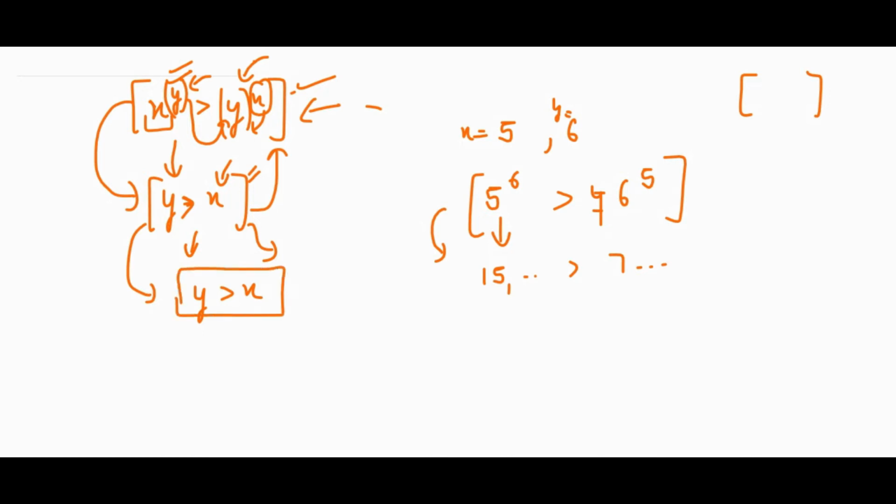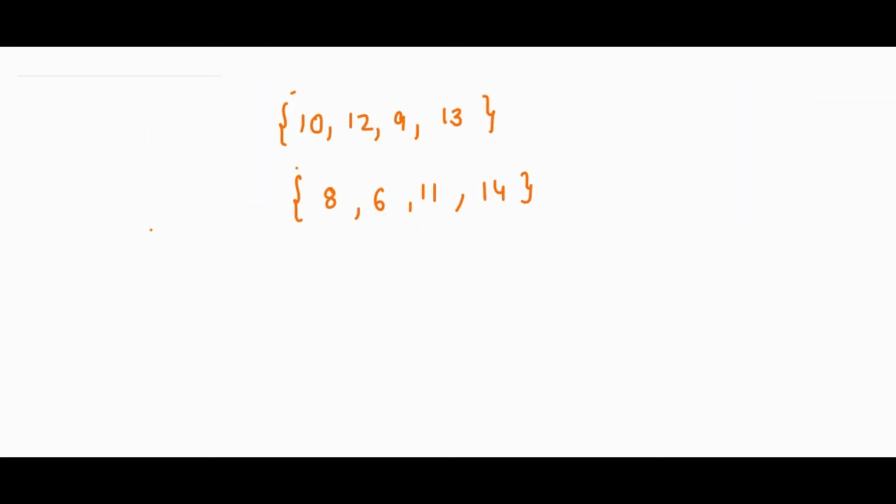Now let's see how this will help us and how we can solve it. This is x and this is y. First, I think you have all heard about upper bound, right? Let's say we have 10.